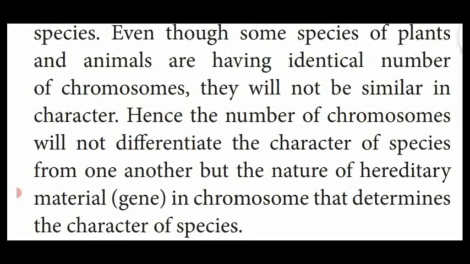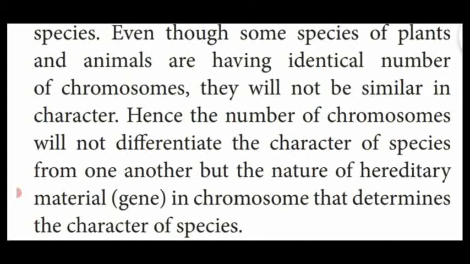So the number of chromosomes will not differentiate the character of species from one another, but the nature of the hereditary material in the chromosome determines the character of species.